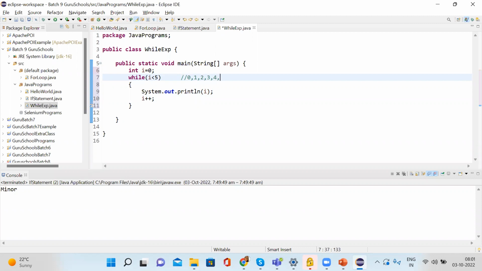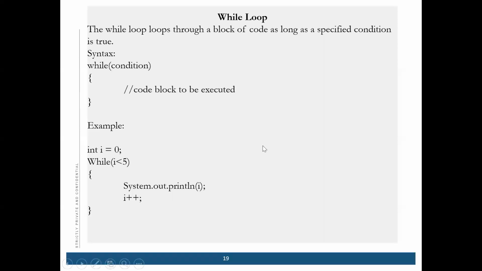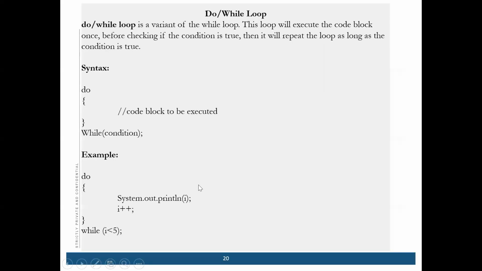Once it is 5, the loop will end. It will not print 5, because we have not given equal to. If we give equal to, it will print 5. So this is how it works. This is an example of a while loop.